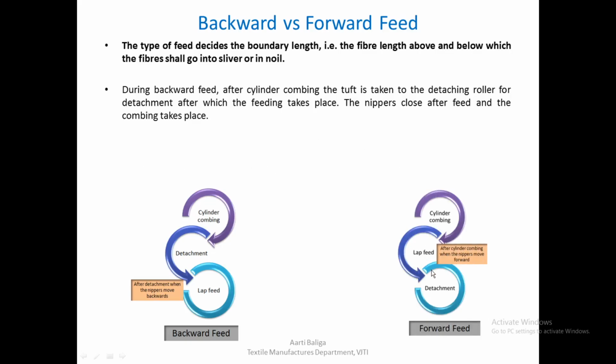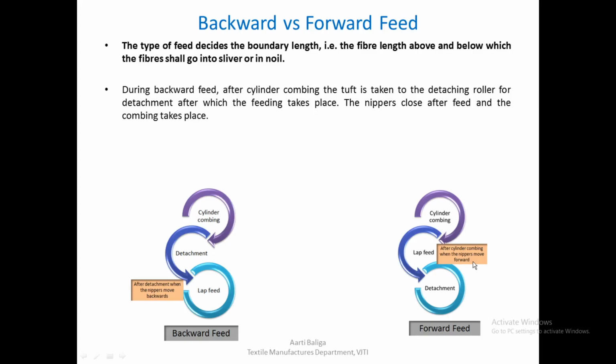Now let us see what is the sequence of events in the forward feed. In this case, again, if we begin from cylinder combing, after cylinder combing is done, the lap is fed and the nippers start moving forward.